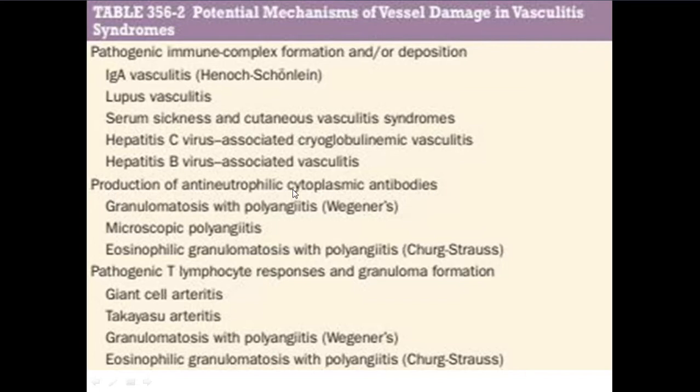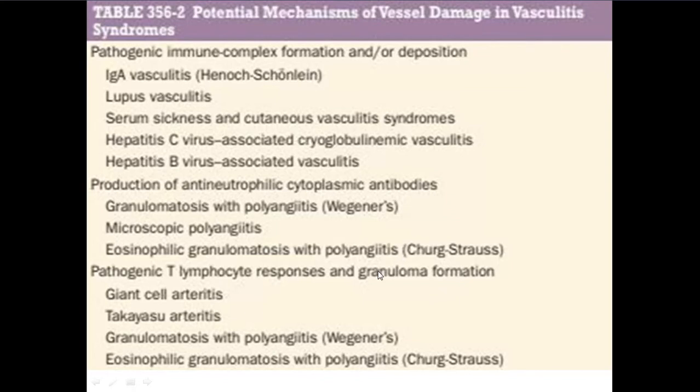The production of anti-neutrophilic cytoplasmic antibodies is seen in granulomatosis with polyangiitis Wegener's, that is C-ANCA, microscopic polyangiitis and Churg-Strauss syndrome. So these three we discussed earlier. Immune complex formation, as we discussed, is in IgA vasculitis, Henoch-Schonlein purpura, and then there is the pathogenic T lymphocyte response and granuloma formation.